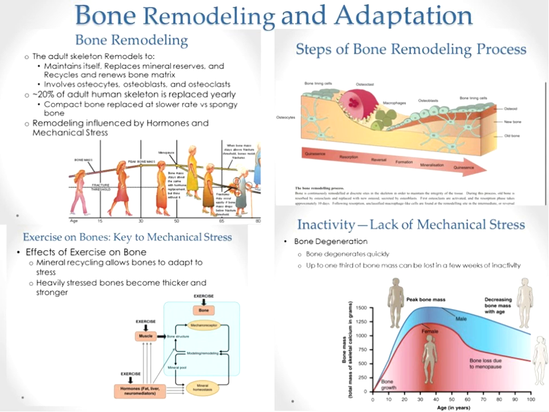Okay, and so what this is trying to show you is that if we do nothing, we won't ever potentially get as much bone mass, and then when we start to lose it, which is going to be a natural phenomenon with age, we have less bone to lose, and so we're going to end up with osteoporosis and osteogenesis and bone fractures and lower height and lower bone mass at an earlier age.